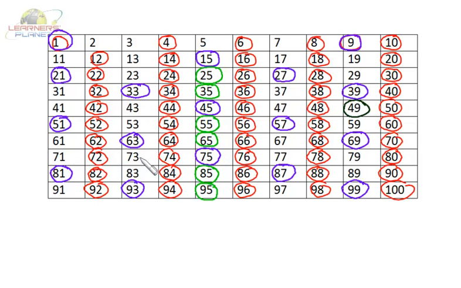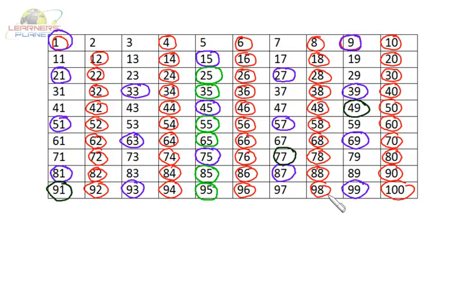Now 77 is a multiple of 7. Then 84 is already circled. 91 is a multiple of 7. Now 98 is a multiple of 7 and it is already circled.